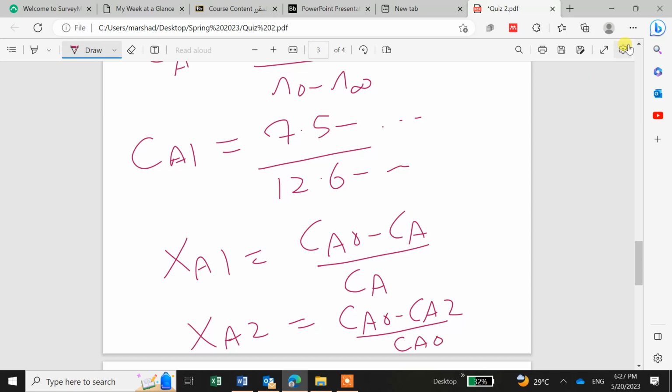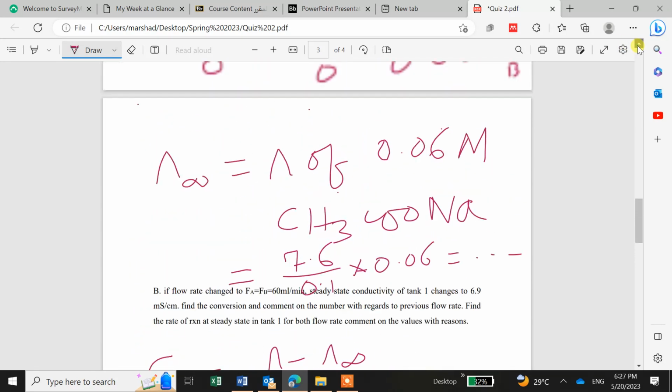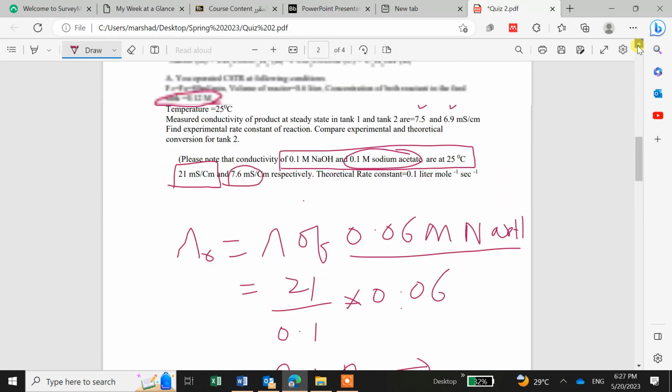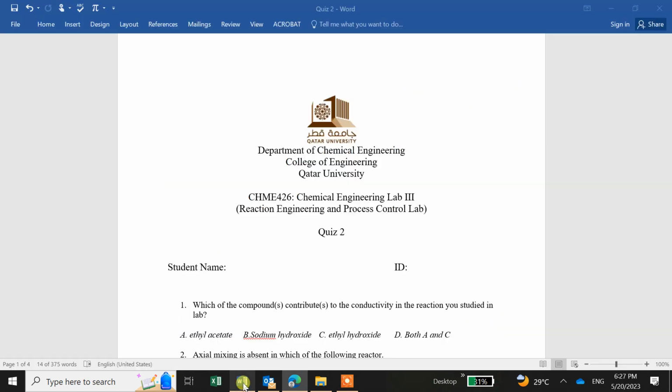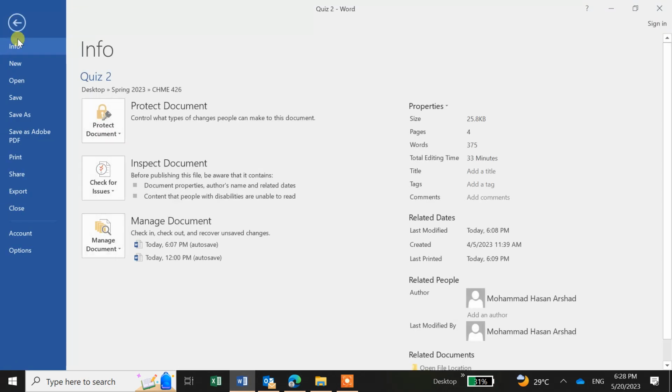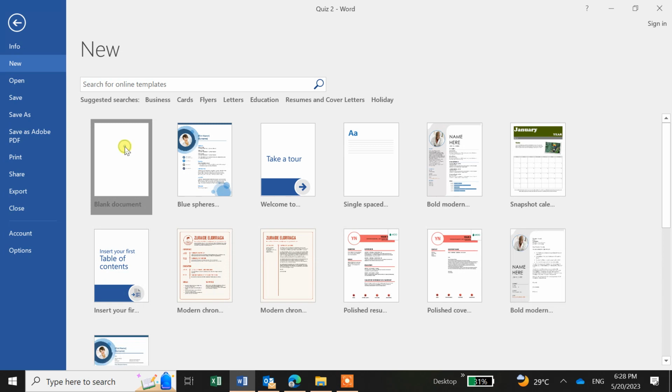So the conversion of tank 1 and tank 2 is known. Okay, what else do we have to find? Experimental rate constant. Compare experimental and theoretical conversion for tank 2. So experimental rate constant, how can we find it?